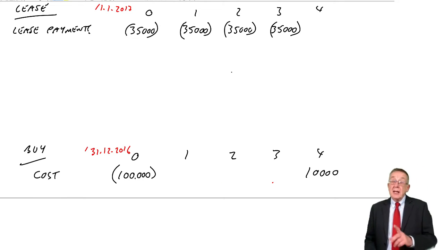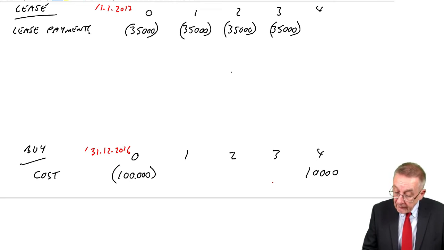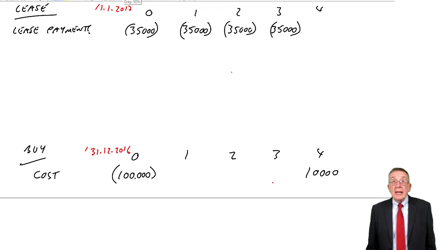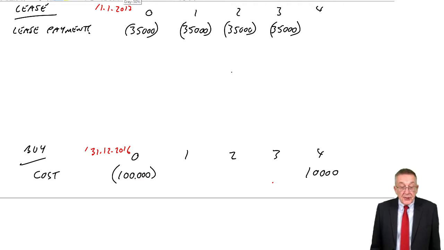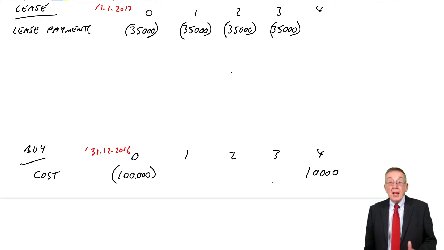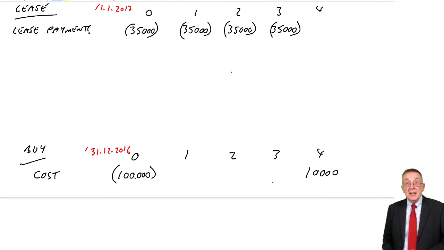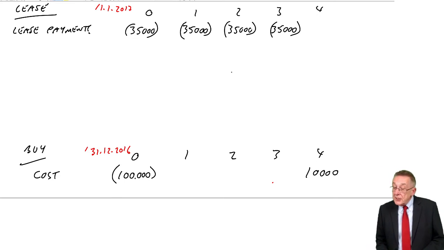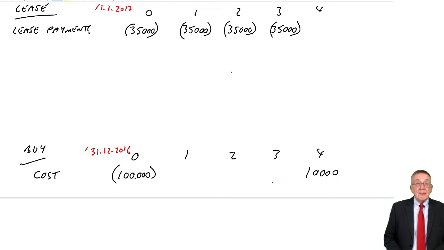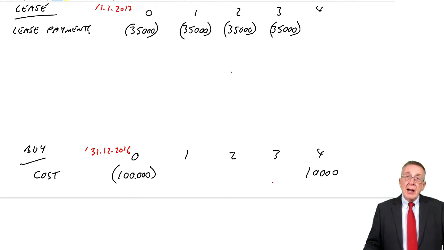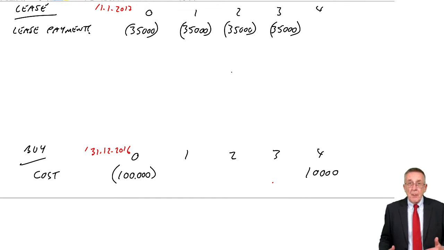However, where we need a bit more is in relation to the tax effect. Because there is tax payable at 30% 1 year after the end of the financial year. And as far as lease payments are concerned, we do assume that lease payments are allowable for tax.